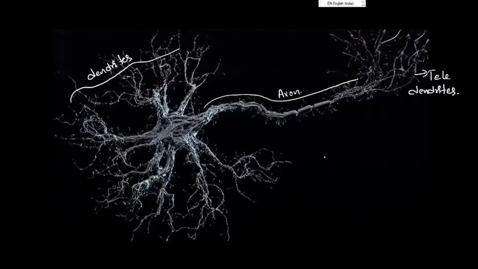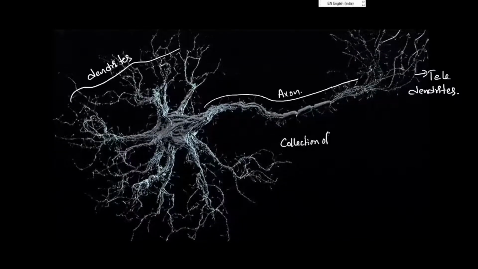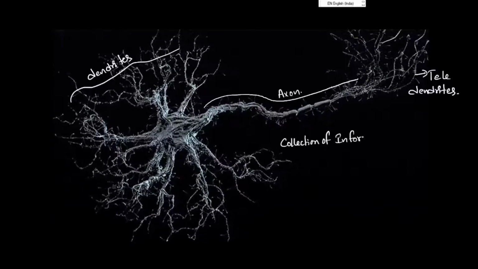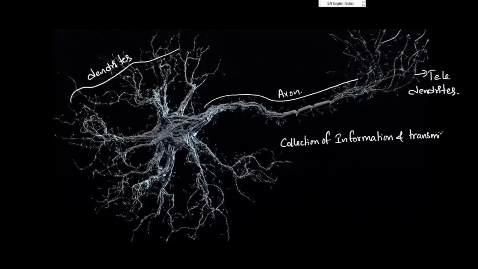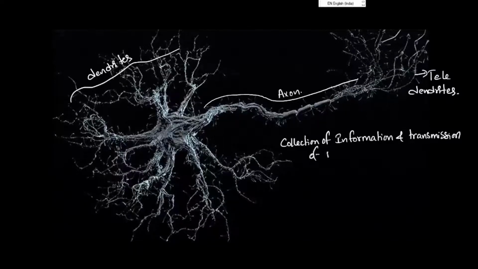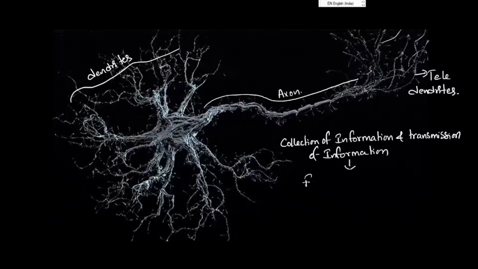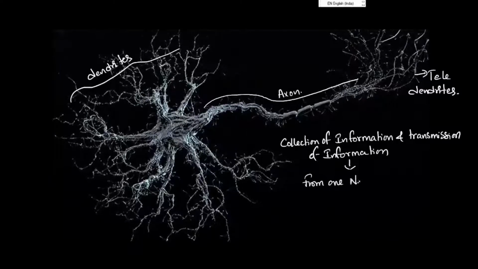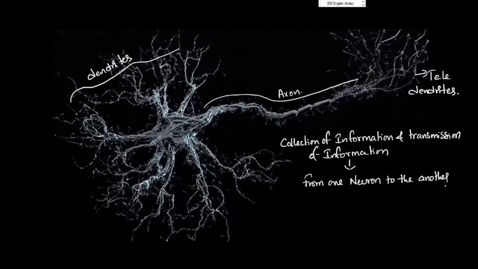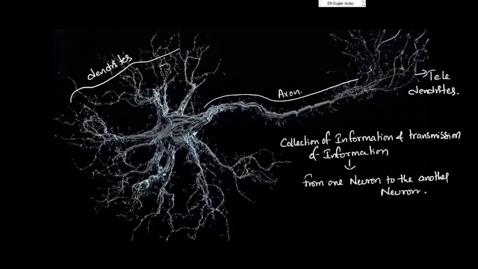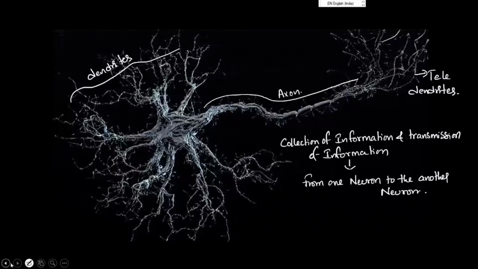They help in collection of information and transmission of information from one neuron to the other neuron, students. So electricity transmission takes place with the help of dendrites as well as teledendrites.